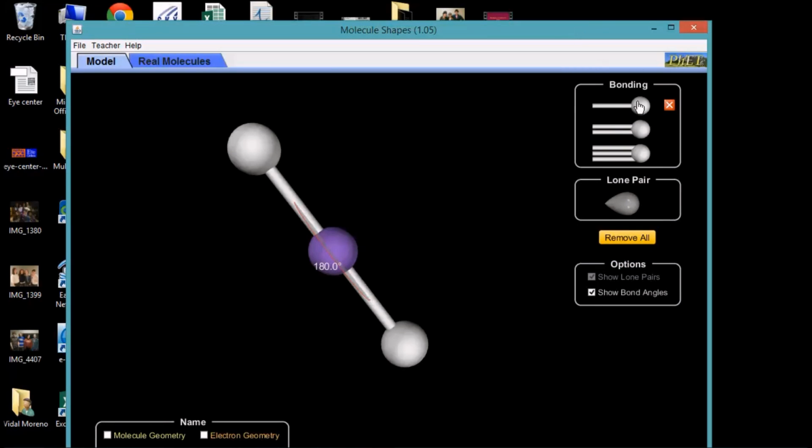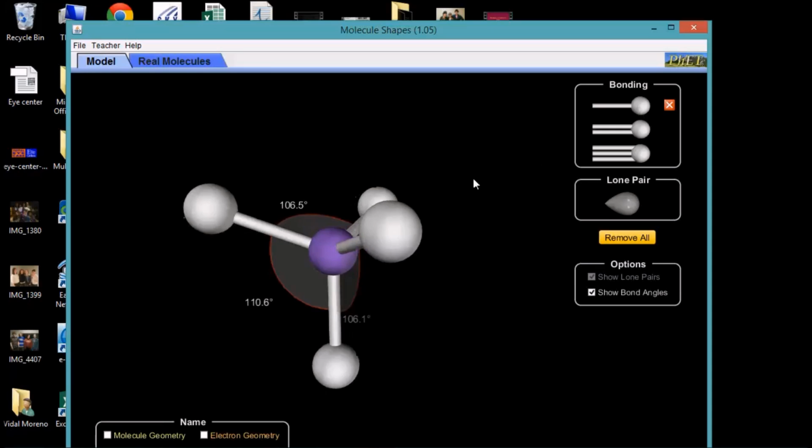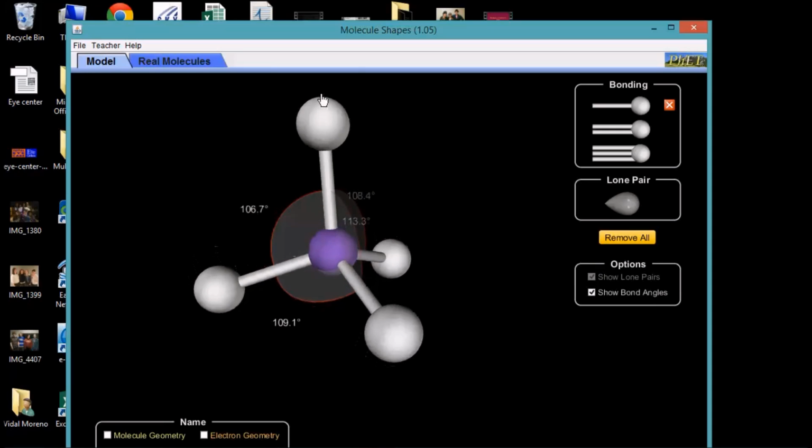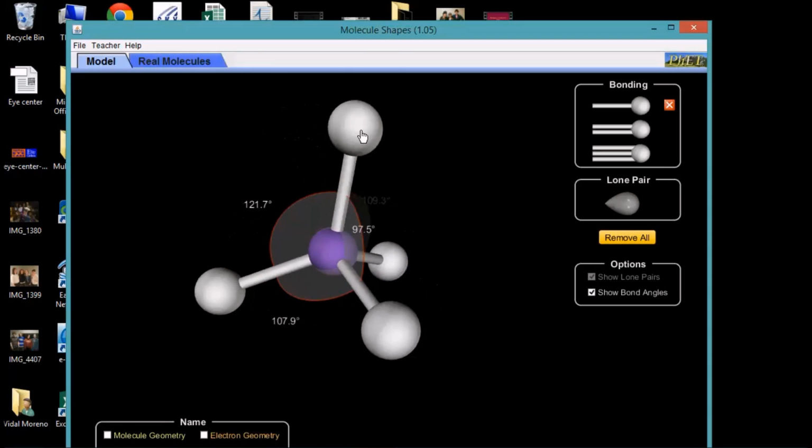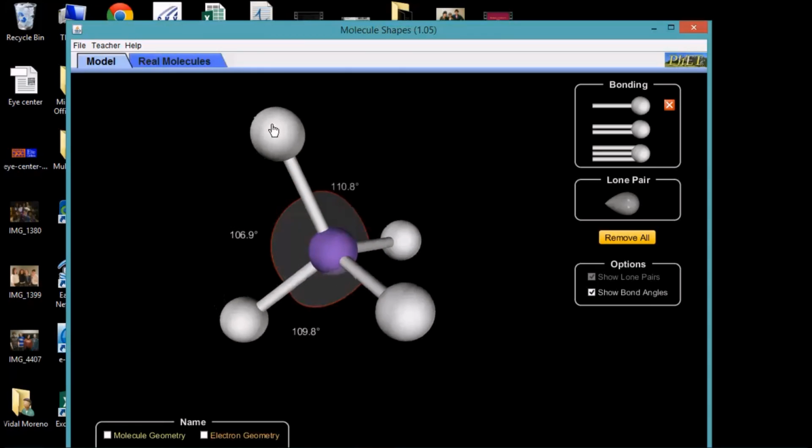All right, so the first shape we're going to look at is called tetrahedral. It has 4 shared pairs. This guy has the same name as his last name. He is Mr. Tetrahedral, because he is the basic shape. Just like the USS Constitution is a Constitution class ship, tetrahedral is a tetrahedral family type shape.